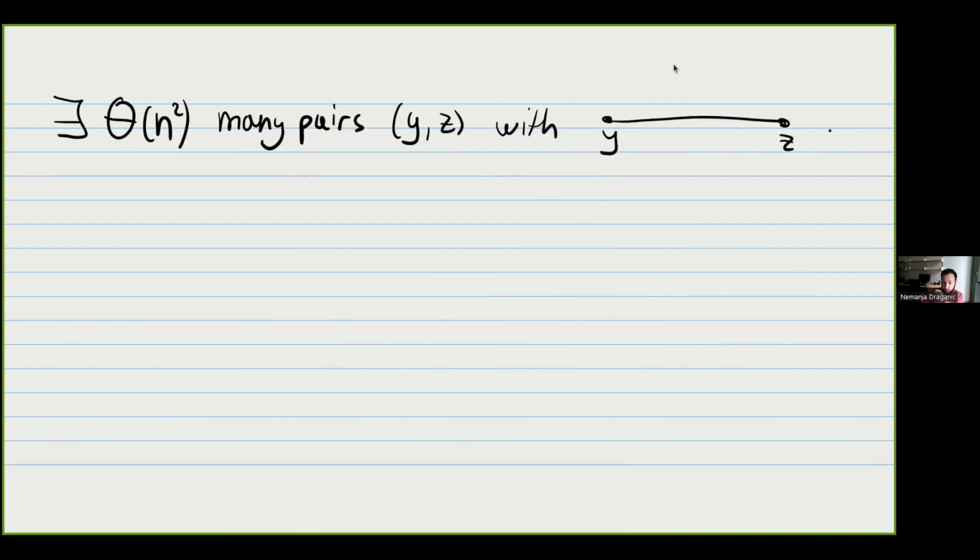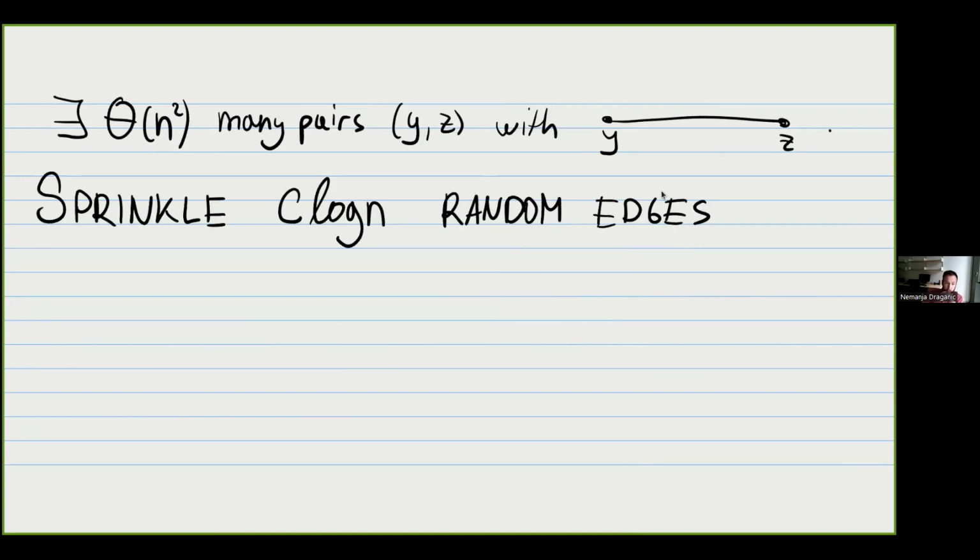So we have quadratically many pairs, and now I want to give the finishing touch. Here we use something called the sprinkling method in random graphs. You just add a few random edges which won't change your edge probability by too much, let's say a big constant times log n many random edges.